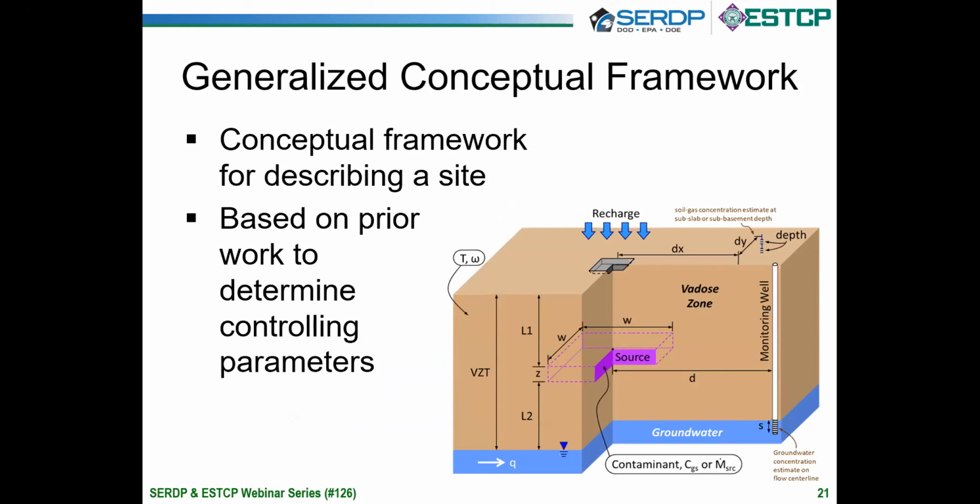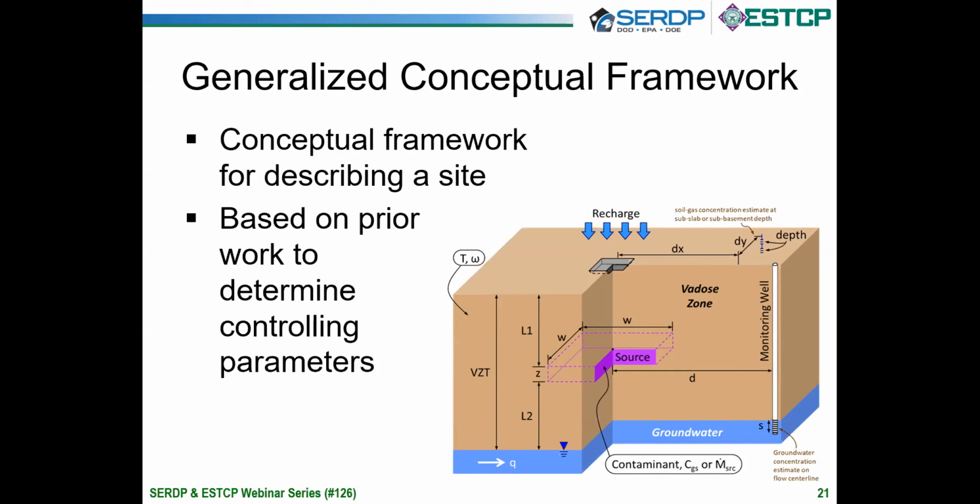We use a generalized conceptual framework for the numerical simulations and for the data input. You see that in the picture here, based on work that we had done previously, we had determined the small number of parameters that we're controlling.